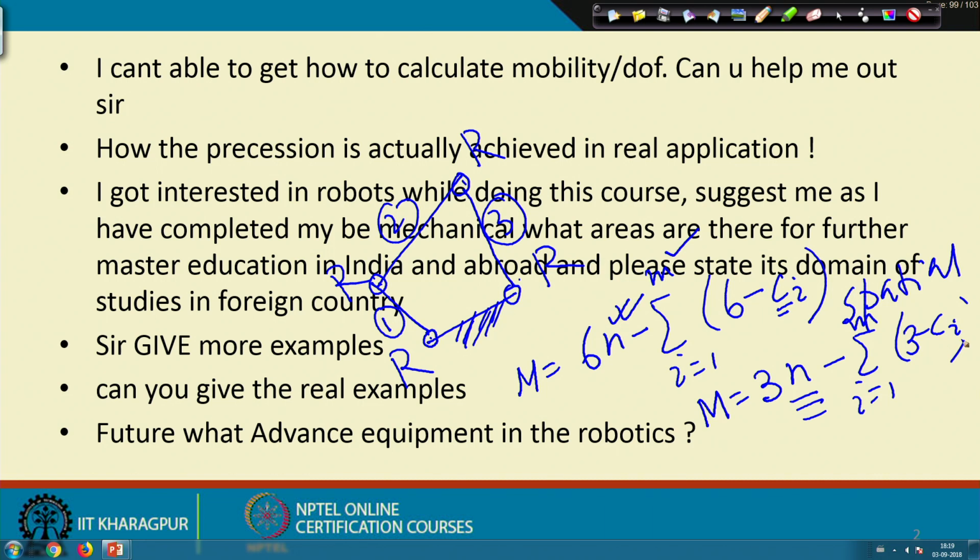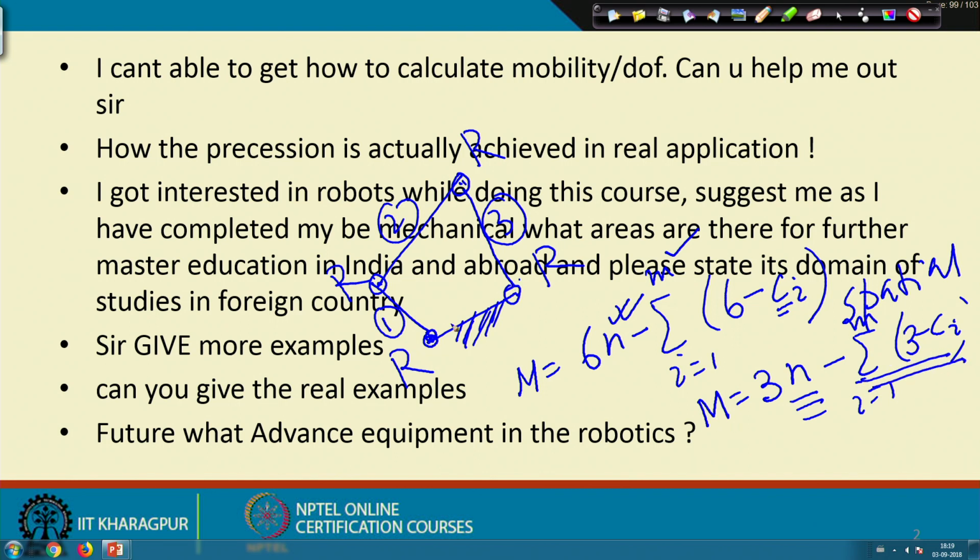So 3 minus C_i, summed over i equals 1 to m: here there is one connectivity, that means it offers 3 minus 1 is 2 constraints. So 2 plus 2 is 4, plus 2 is 6, plus 2 is 8. I have got 8 such constraints here.